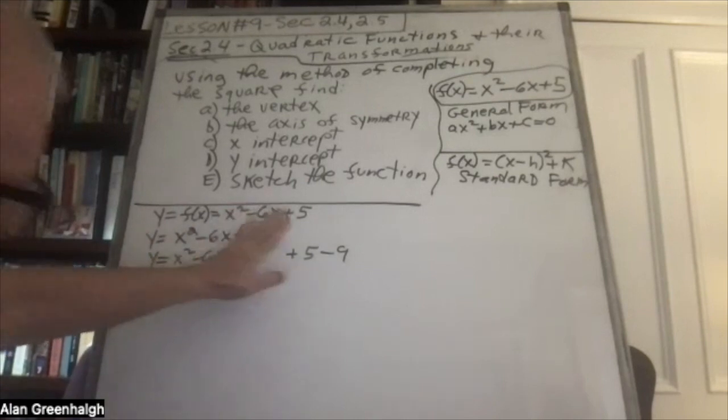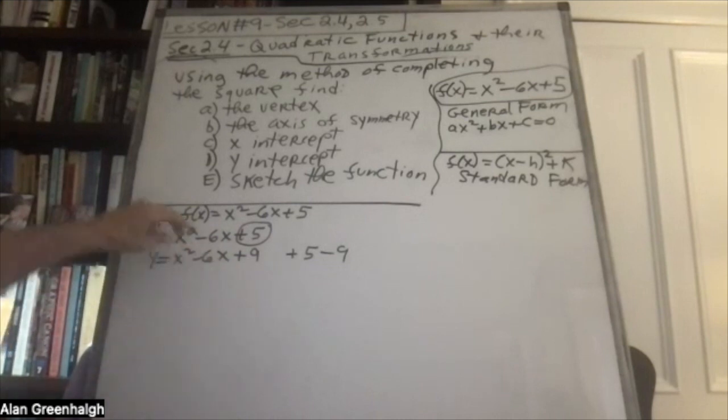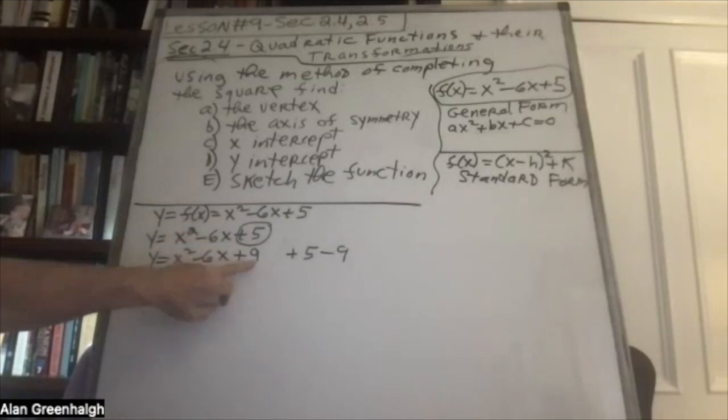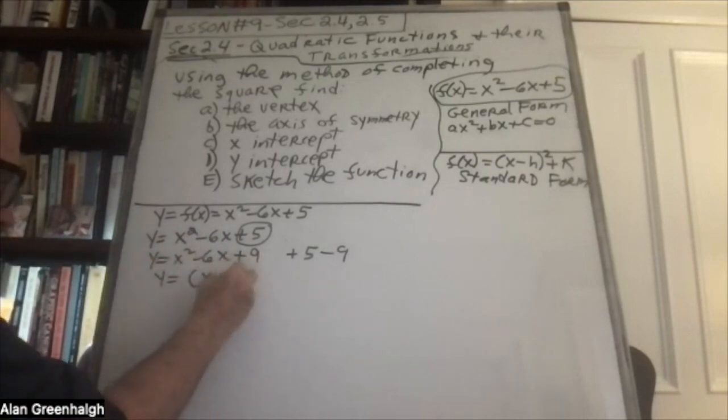All this is being pushed to the side while we put this into standard form. So half of 6 is 3, 3 squared is 9. We add 9 here, which gives us the ability now to do this.